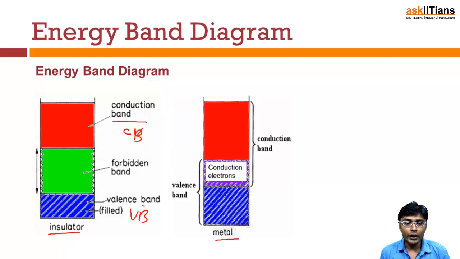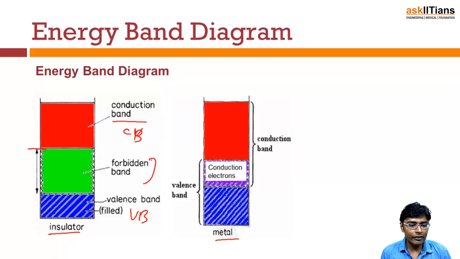In the valence band, no free electrons exist. We can say they are bonded, covalent bonded electron-hole pairs lying in this band. The third band, in between these two, is called the forbidden band. This is the band of energy where no free electrons exist.